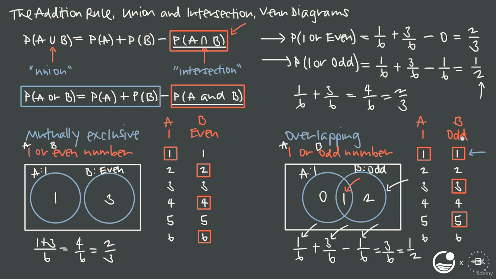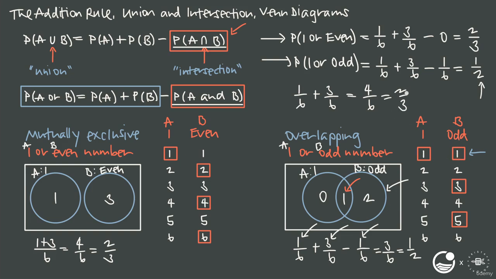But of course, we know already that that's not true. The probability of getting 1 or an odd number is 1/2, it's 50%, not 2/3 or 67%. This calculation, where we just add the two individual probabilities together, double counts this value of 1 in both probabilities, and so we overstate the probability.